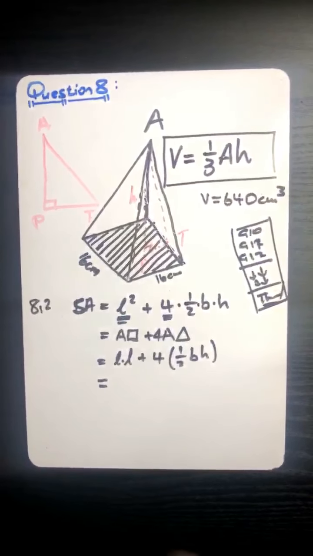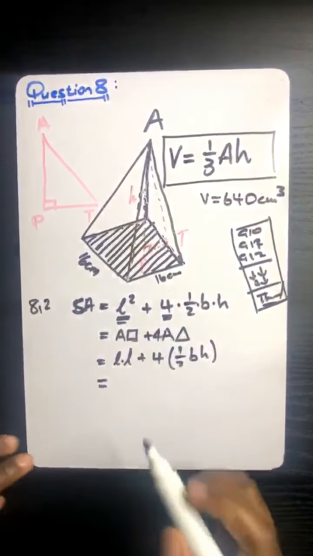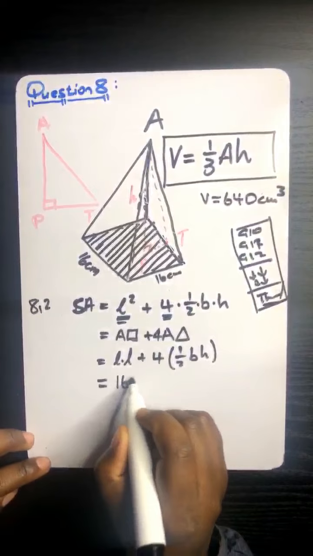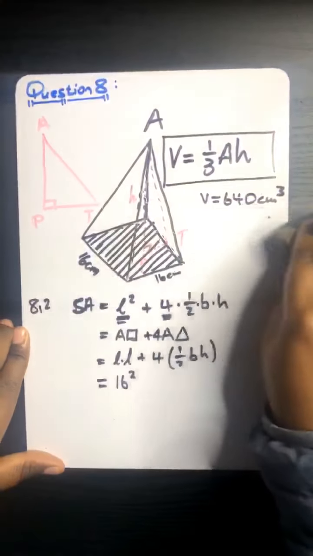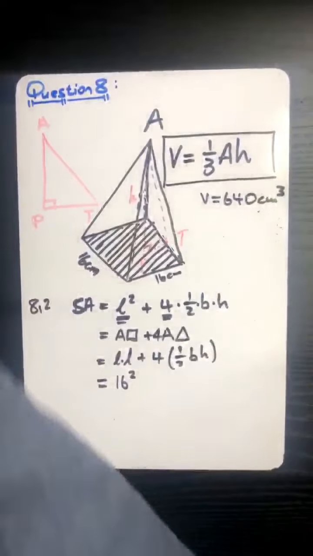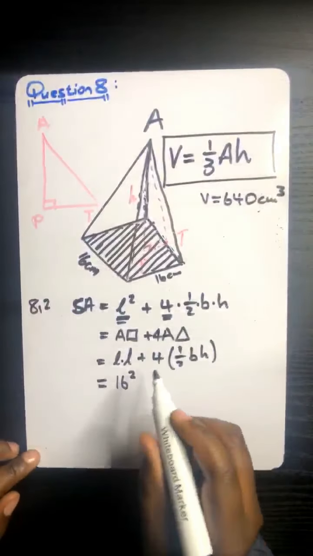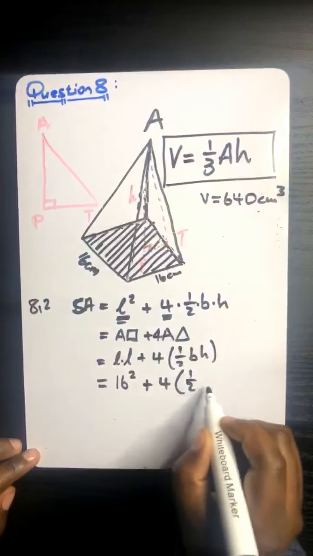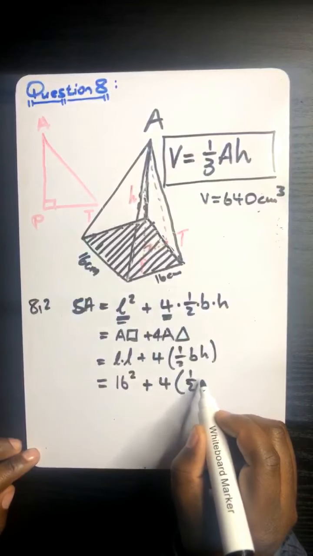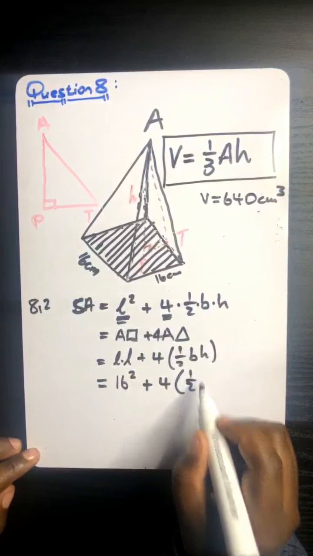Let me just write it down. Okay, let's see. 16 squared, plus 4 into half. What is B? Yeah, what is B?